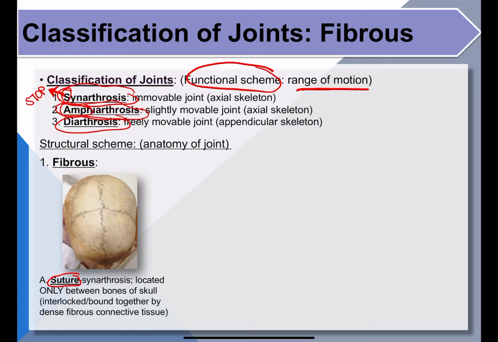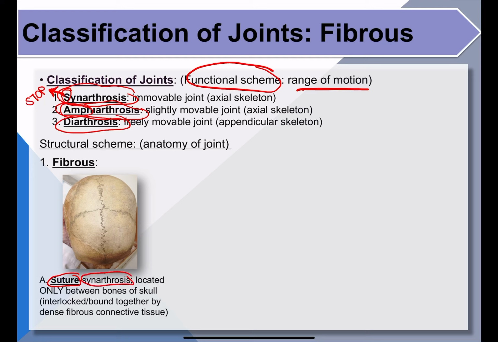So for the suture joint, it is something that we have already slightly mentioned in the last chapter with sutural bones. Sutures only exist in the skull, and you were asked to identify a few of these in your lab, such as the coronal suture on the anterior side of the skull, and the sagittal suture that bisects the skull. Okay, so those were some of the sutures you have to identify. They are functionally considered synarthrotic, meaning that they can't move.